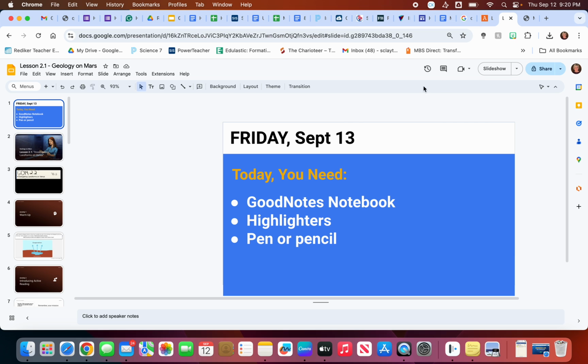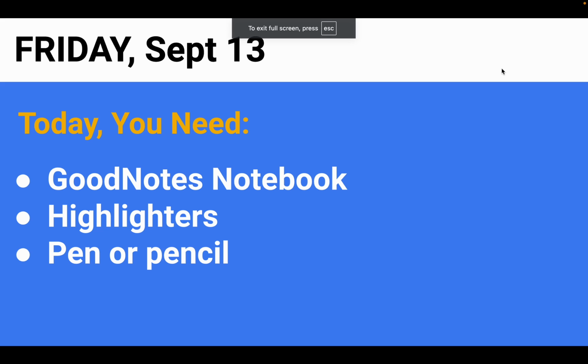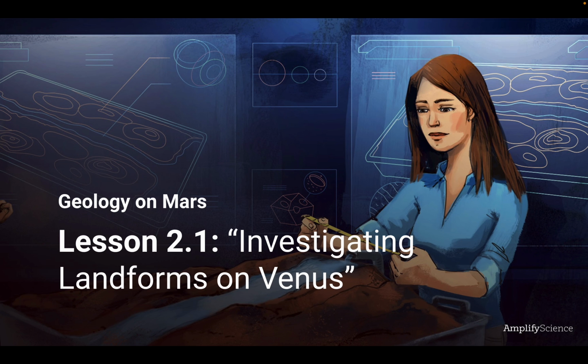Okay, I'm assuming that you're here and that means you're ready to go. Today the kids needed their notebook. I am giving them paper copies of something. You will have a digital copy. So you will need to use your highlighter tool and your pen or pencil tool in GoodNotes. We're starting a new chapter.